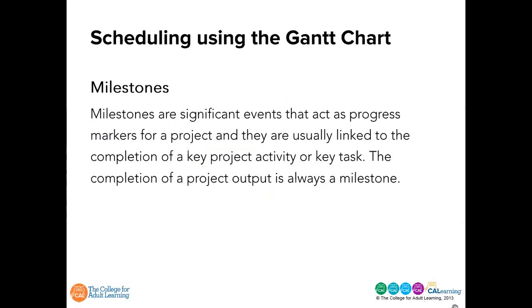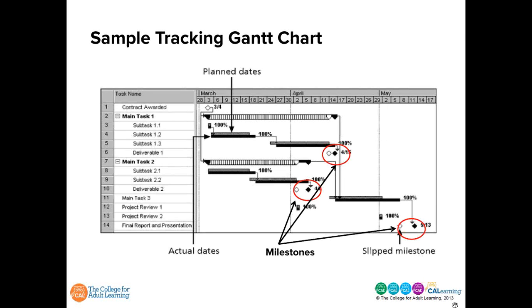Milestones are significant events that act as progress markers for a project, and they're usually linked to the completion of a key project activity or task. The completion of the task output is always called a milestone. As you can see from this diagram, milestones are shown on the chart by adding a black diamond marker on the timeline and described as things such as maybe team assembled or model developed or lease assigned.